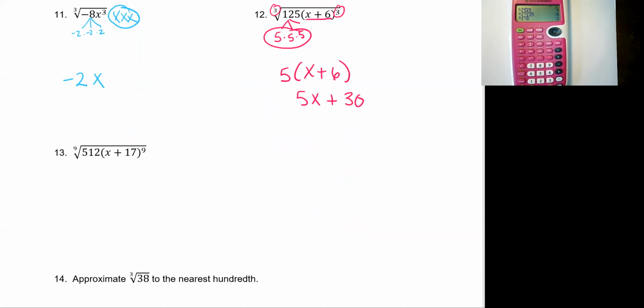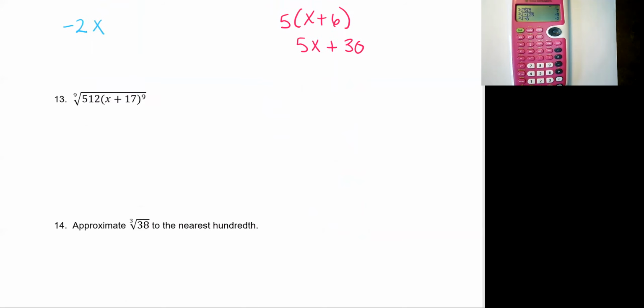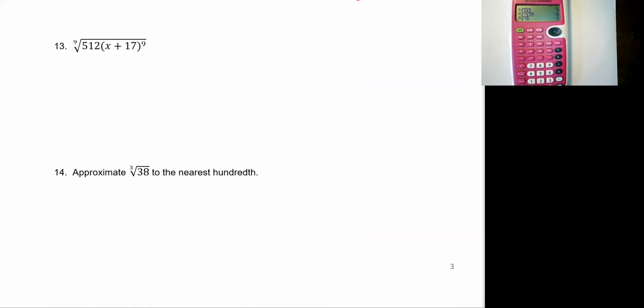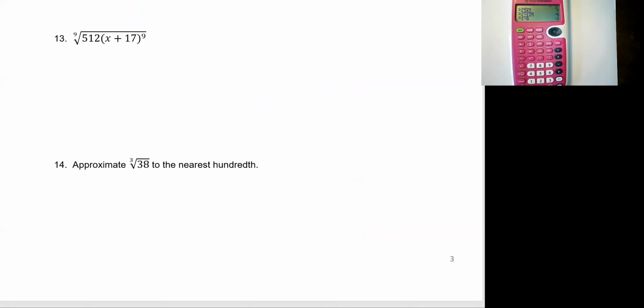Number 13, we're looking for the 9th root. We're looking for the same number that's multiplied by itself 9 times to give you 512. So we can use our calculator. We would go 9, second up arrow, 512, and press enter.